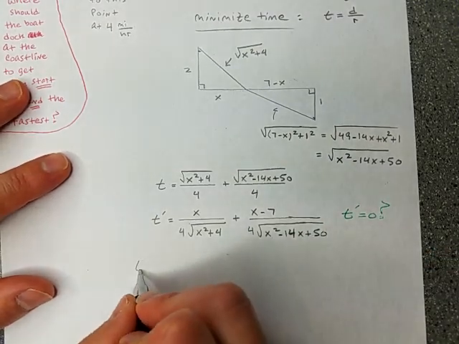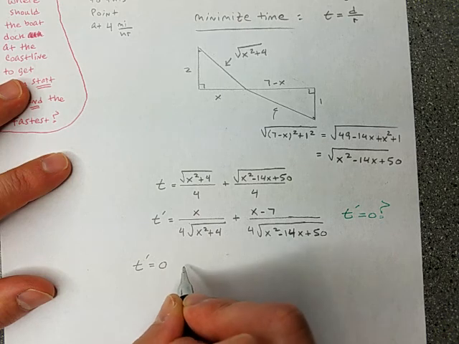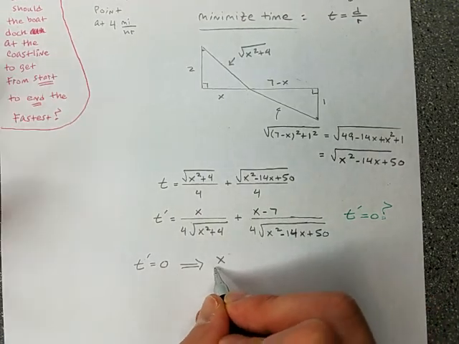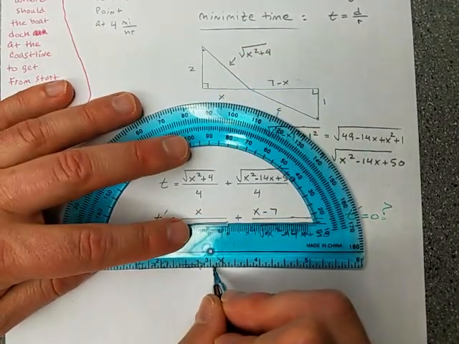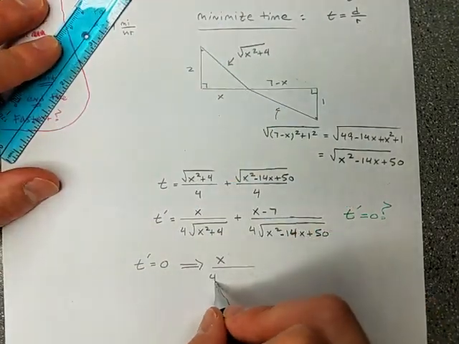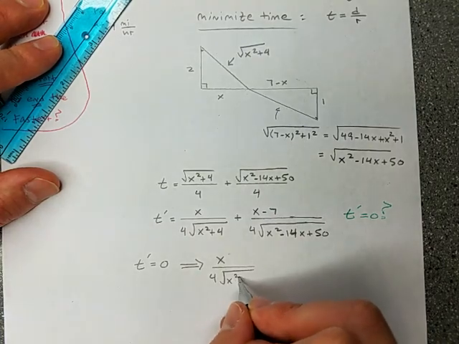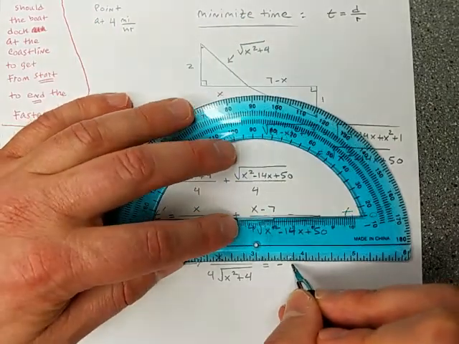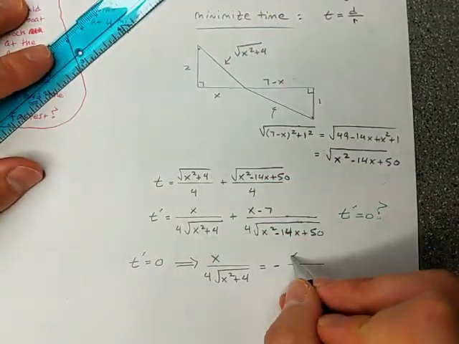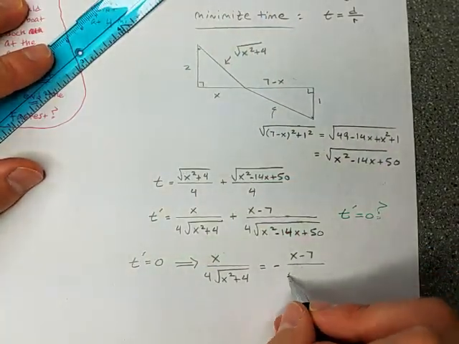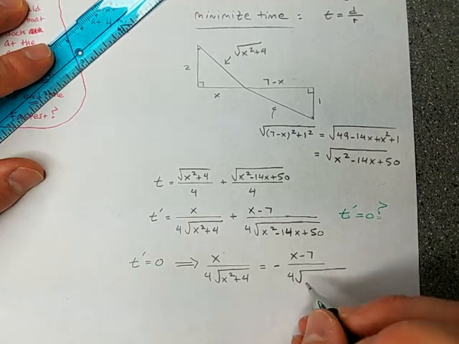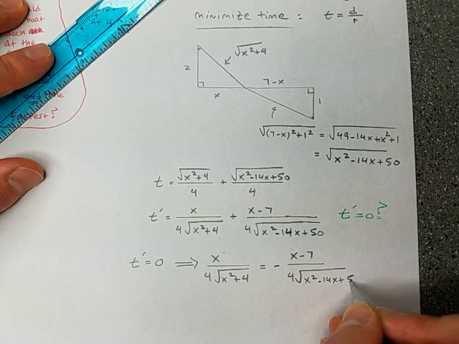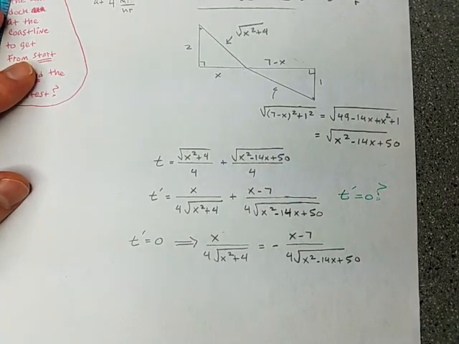Okay? If t prime is equal to 0, then that will give me x over 4 root x squared plus 4 equals negative x minus 7 over 4 root x squared minus 14x plus 50. Okay.